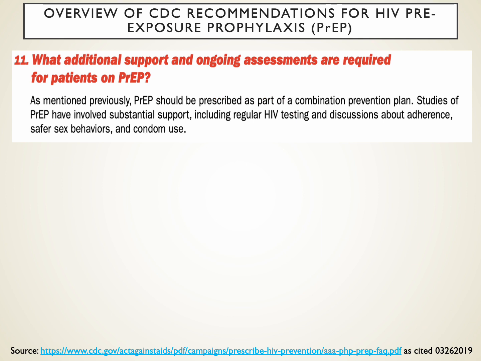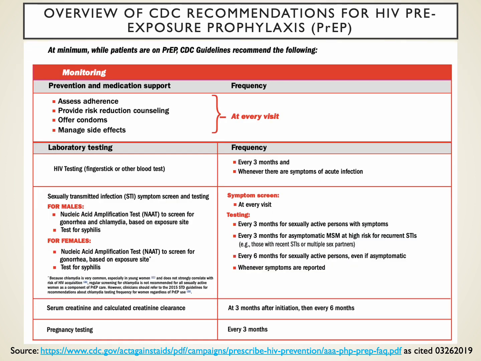What are other things for folks who are on PrEP? Well, you need to look at the ongoing support for that patient. They'll need regular HIV testing. They need to conform to adherence to therapy. You need to encourage continuing safer sexual behaviors. So the kind of things you're going to look at in monitoring, you're going to assess at every visit how they're doing overall, how their adherence is going.